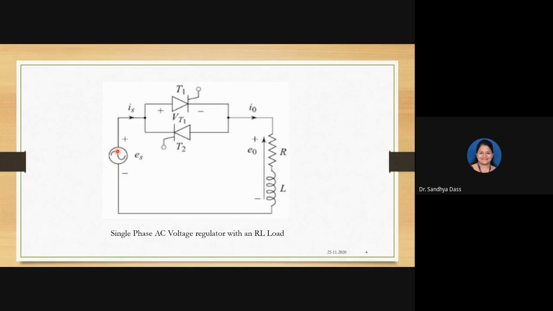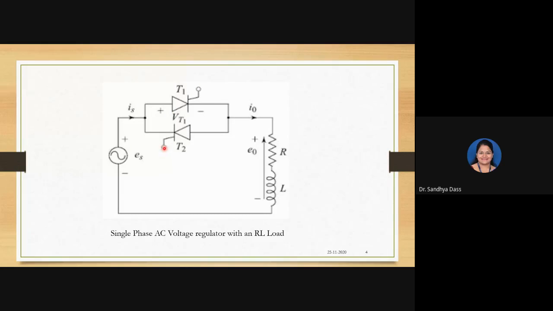In the positive half cycle, when this terminal of the supply is positive and this terminal is negative, you know that T1 will be forward biased, and T1 can start conducting when you give the gate signal at T1, right? So obviously there should be gate triggering circuits which are not visible here.